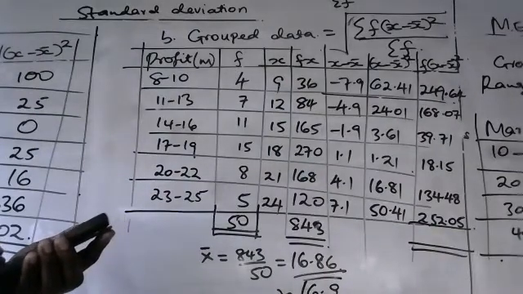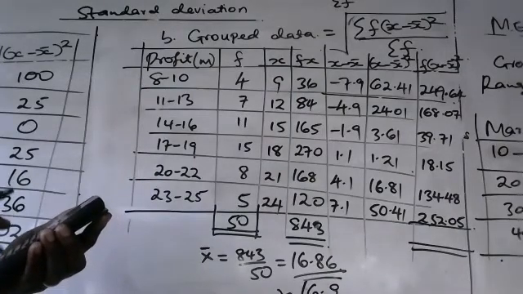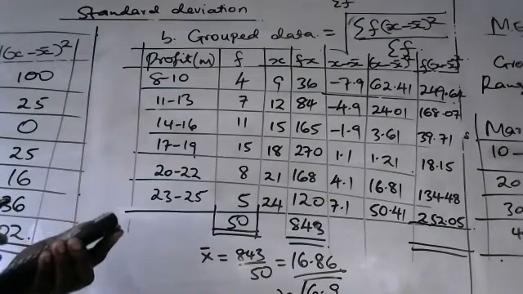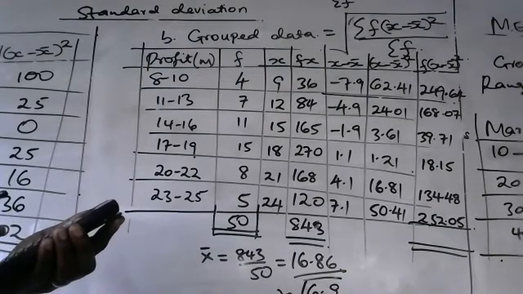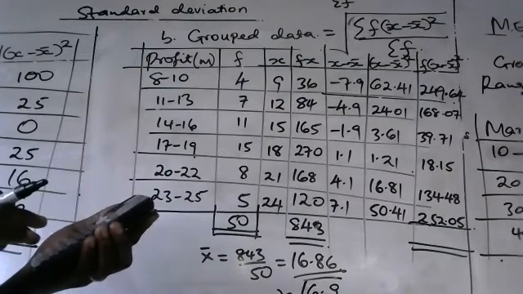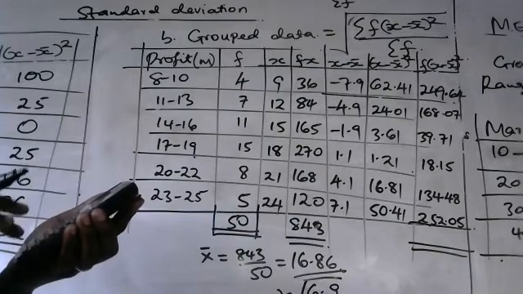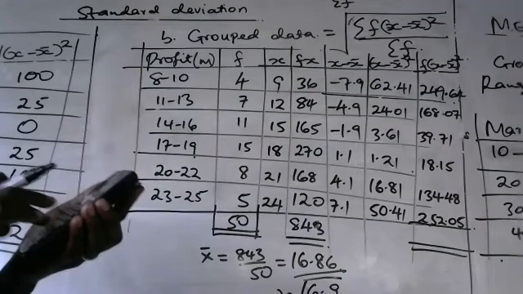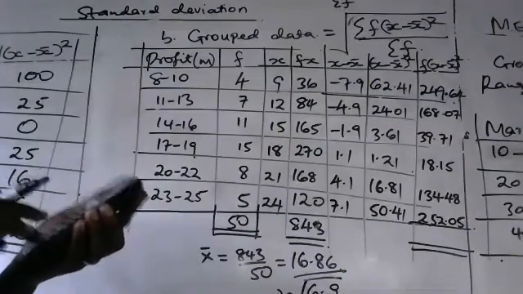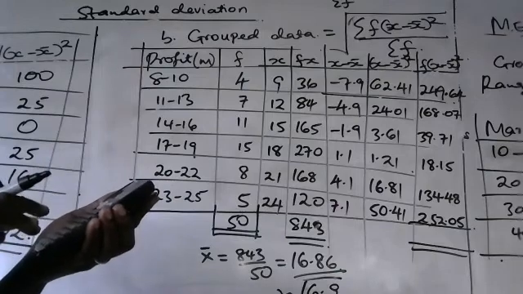So we add 134.48 plus 18.15 plus 39.71 plus 168.07 plus 249.64.